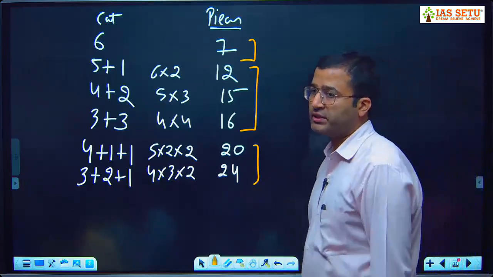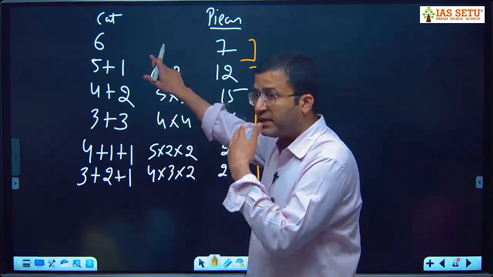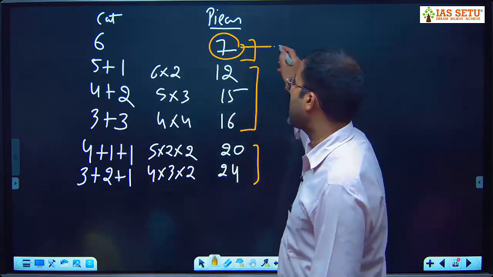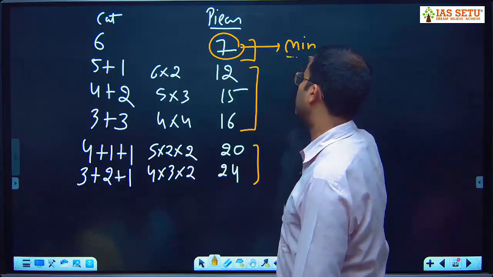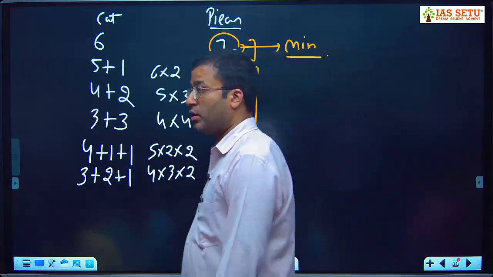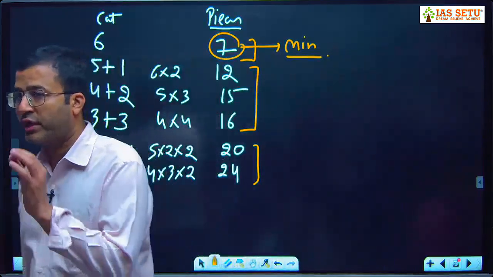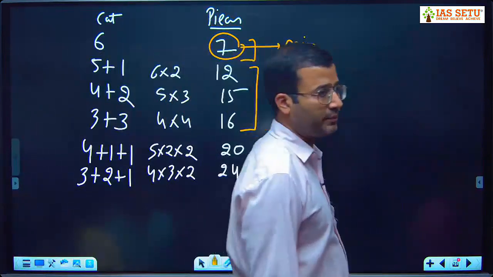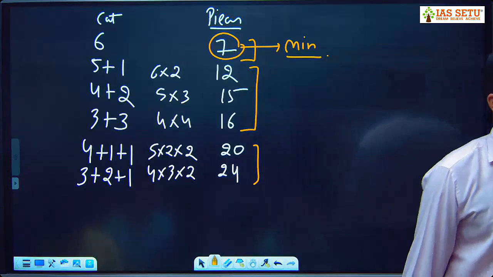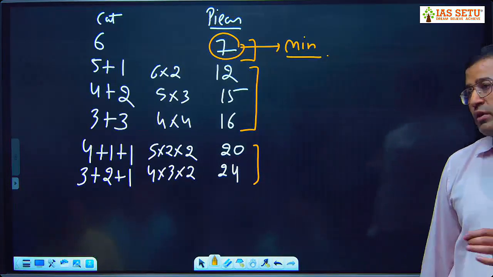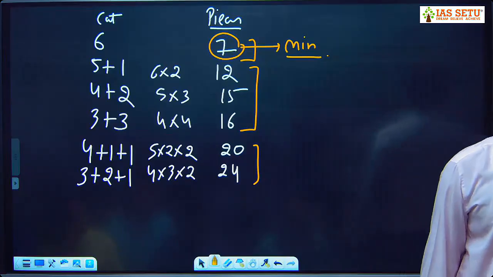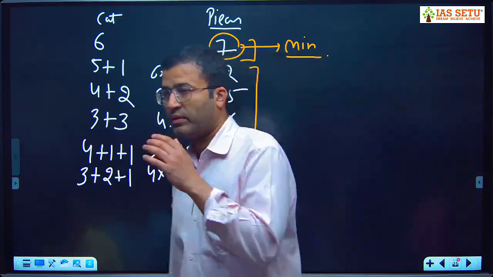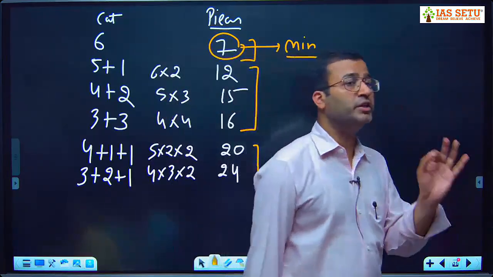Second observation is, when you use 1 axis, you get 7 pieces, and for 6 cuts, I tell you 7 is the minimum number of pieces. I guarantee you, you take a cube and you make 6 cuts, you will never get less than 7 pieces. ठीक है, आपने ट्राई करना है. अगर you get less than 7 pieces, I have a chocolate for you. उसके जितने pieces करके खाने को खा लेना. 6 cuts give you minimum pieces 7.